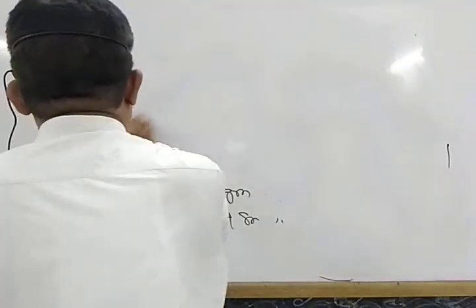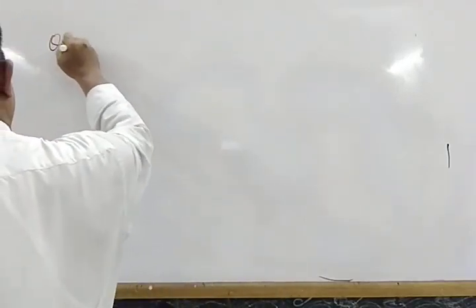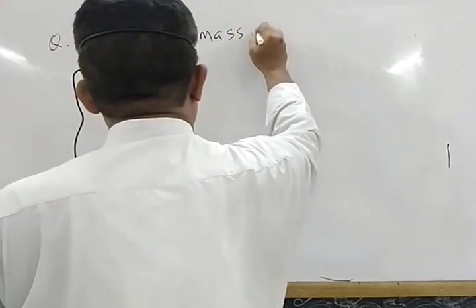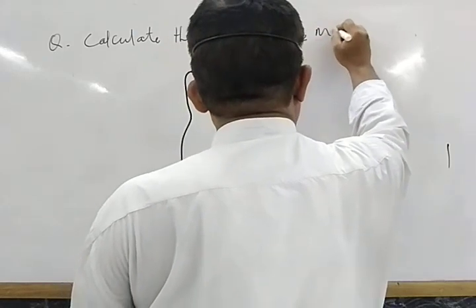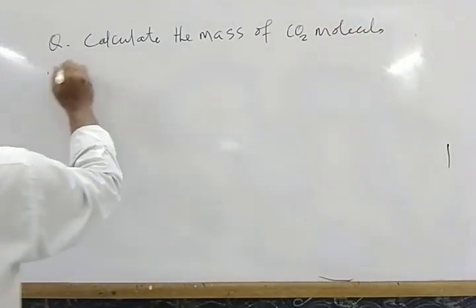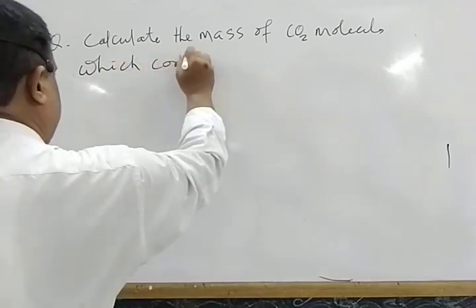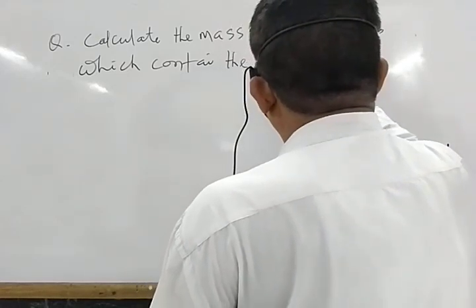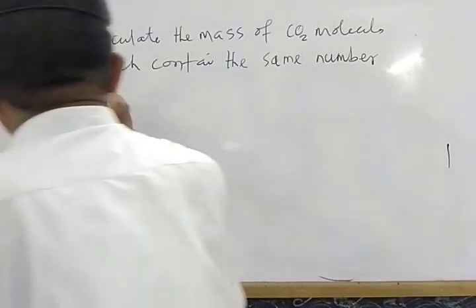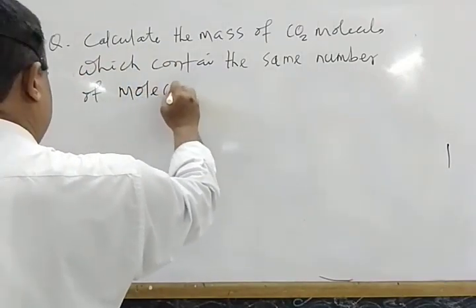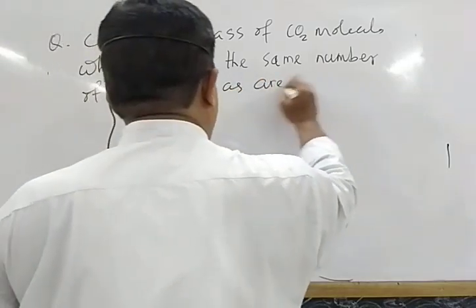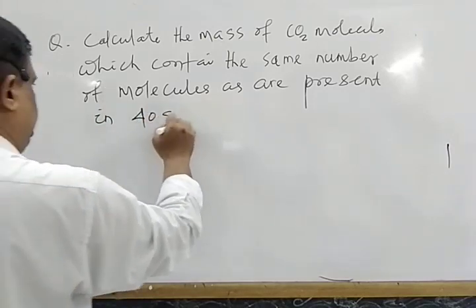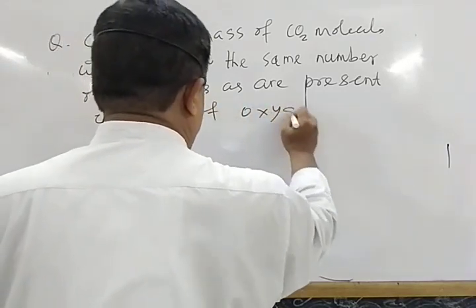Calculate the mass of carbon dioxide molecule which contains the same number of molecules as are present in 40 gram of oxygen molecule.